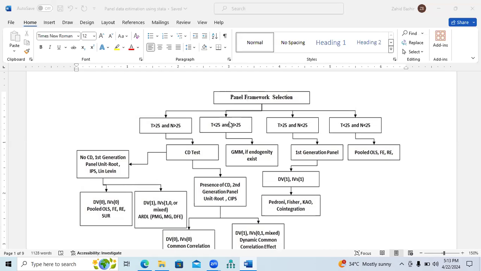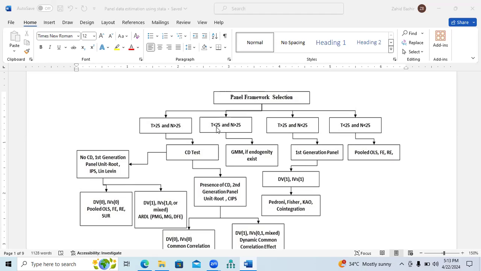So today we are going to discuss the condition where T is less than 25 and N is greater than 25. It means your number of individuals or number of companies or number of countries would be greater than your time dimension.